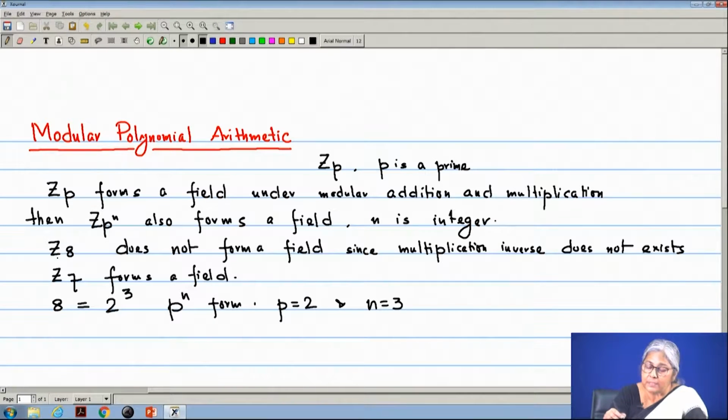Just now we have seen, as we have also read earlier, that Z8 does not form a field.